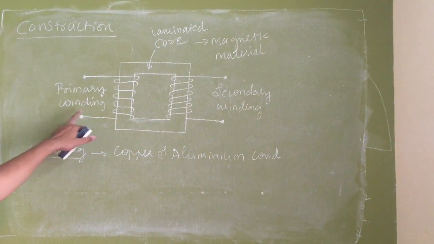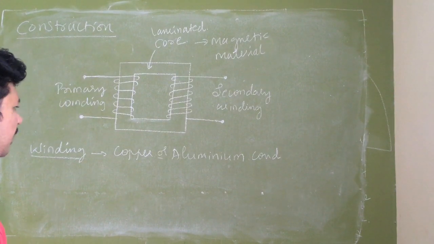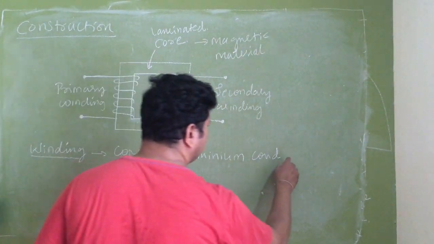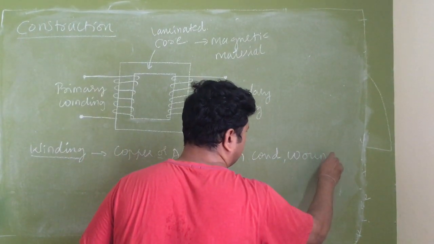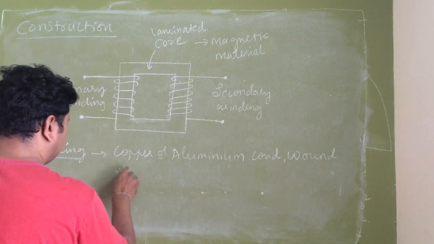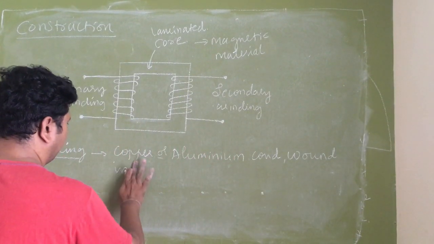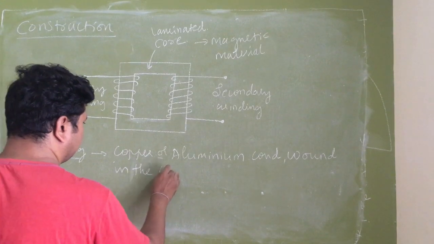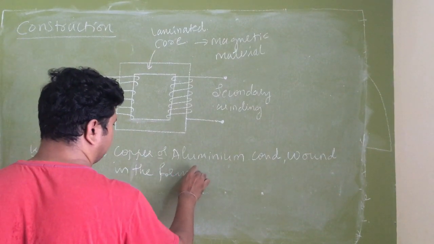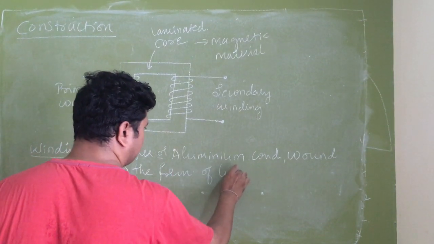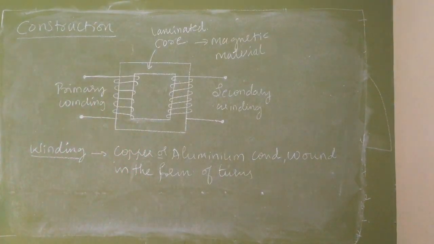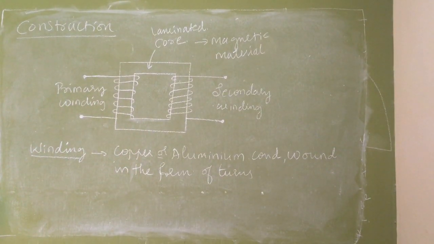So this winding is made up of copper or aluminum conductors wound in the form of turns. Many number of turns I have.